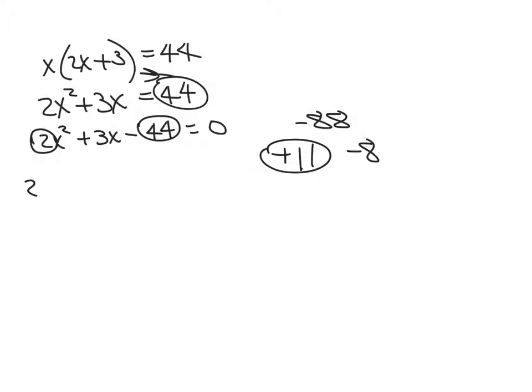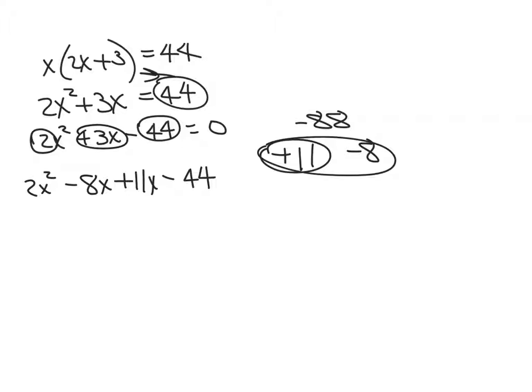Alright, so I've got 2x squared, and instead of writing this, I'm going to put these two together. Okay, notice I switched these around because this middle one needs to be the plus sign. So I'm going to look at these, factor out what I can.